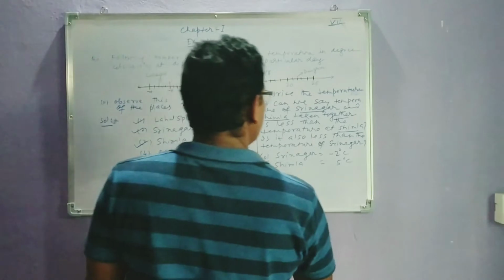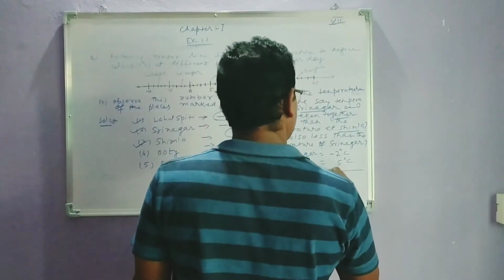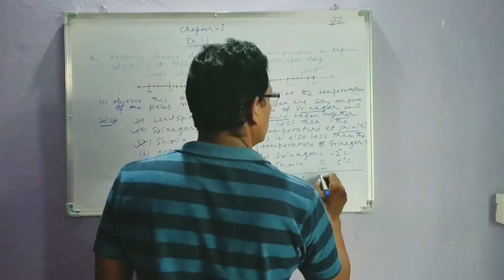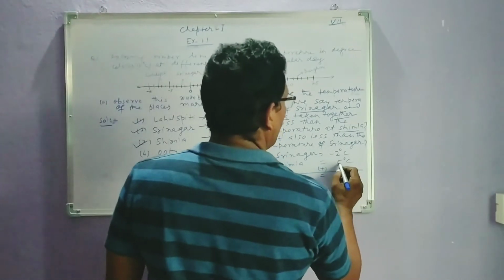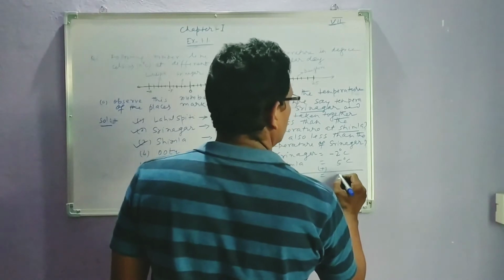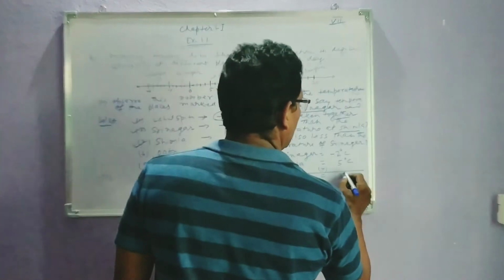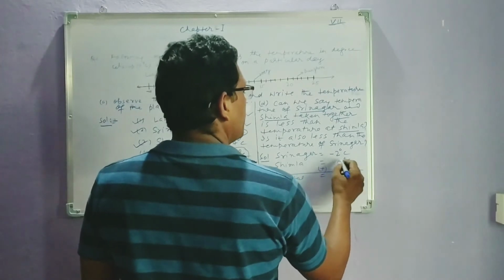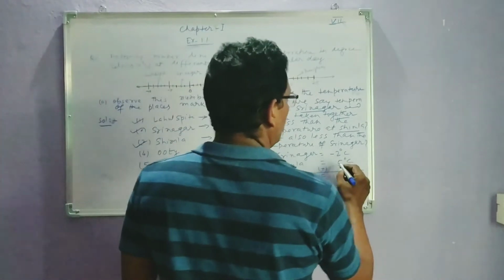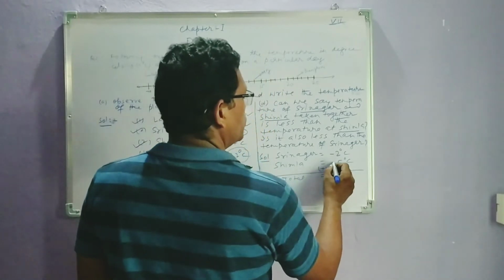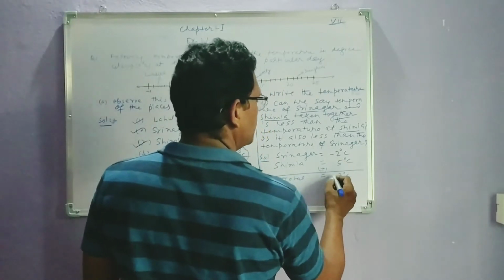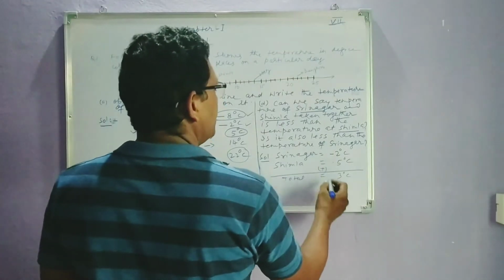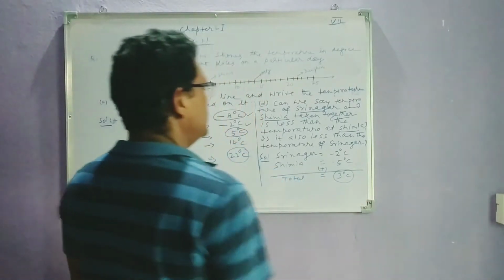Taken together means I have to add it. So total temperature, 5 minus 2, 3, and we put the sign of the greater number or bigger number 5. So here is no sign means plus, so here is plus. So total temperature of Srinagar and Shimla is 3 degrees Celsius.